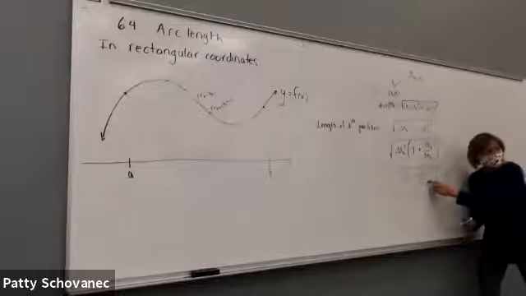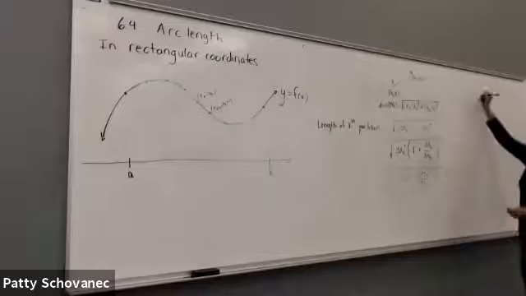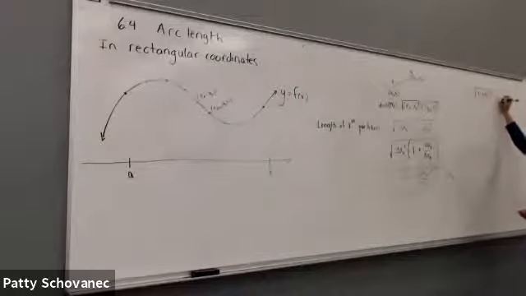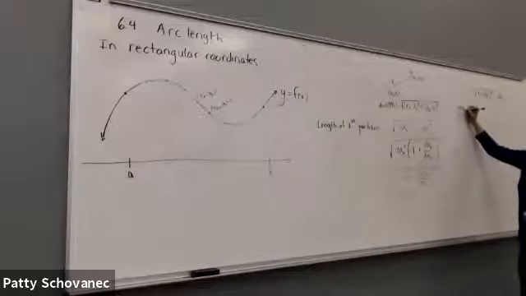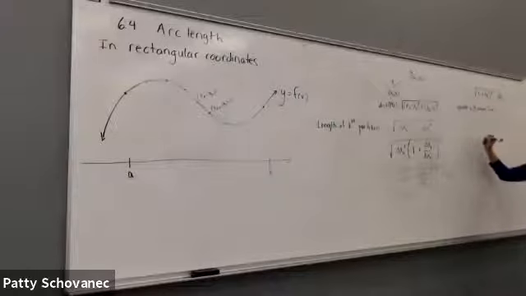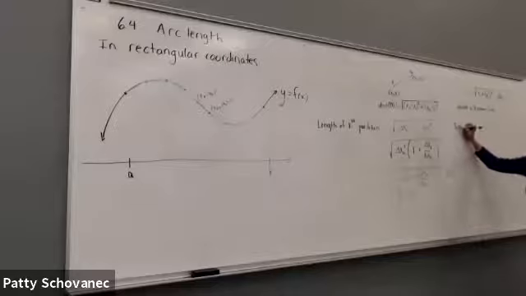So by the mean value theorem, I can put the derivative in here. That's going to be the derivative of y. And now we make a Riemann sum to get the total arc length.